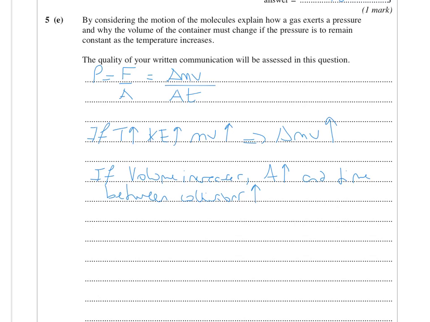So if you increase the volume, the time between collisions increases and the area increases. So what you end up with is that yes, your momentum increases because of the increase in temperature, but because you've increased the area and because you've increased the time between collisions, you can get a constant pressure as a result of that, if those increases result in no change there.